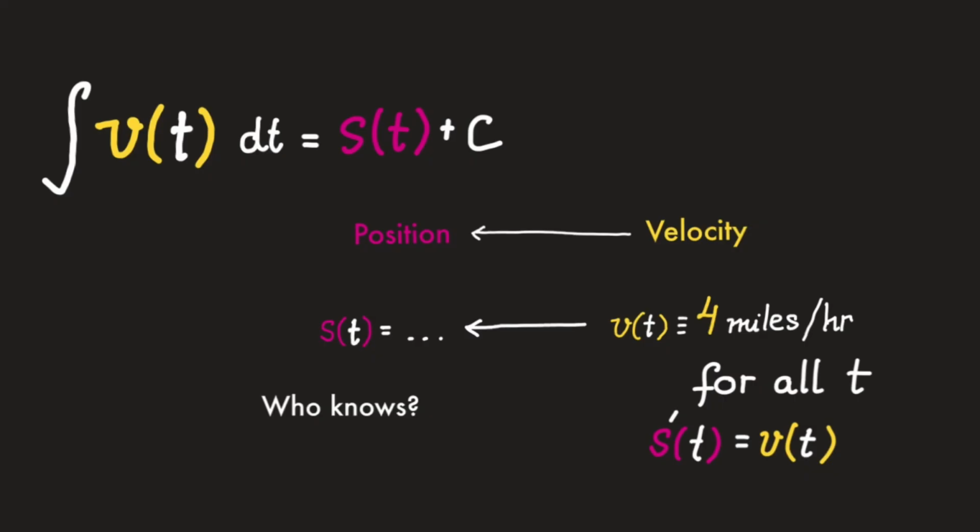Thus, if you were running with velocity function v and position function s, then all the antiderivatives of v must be of the form s plus some constant. That is just another way of saying that the position function of all the other runners with the same velocity function must be the same as yours plus a constant.